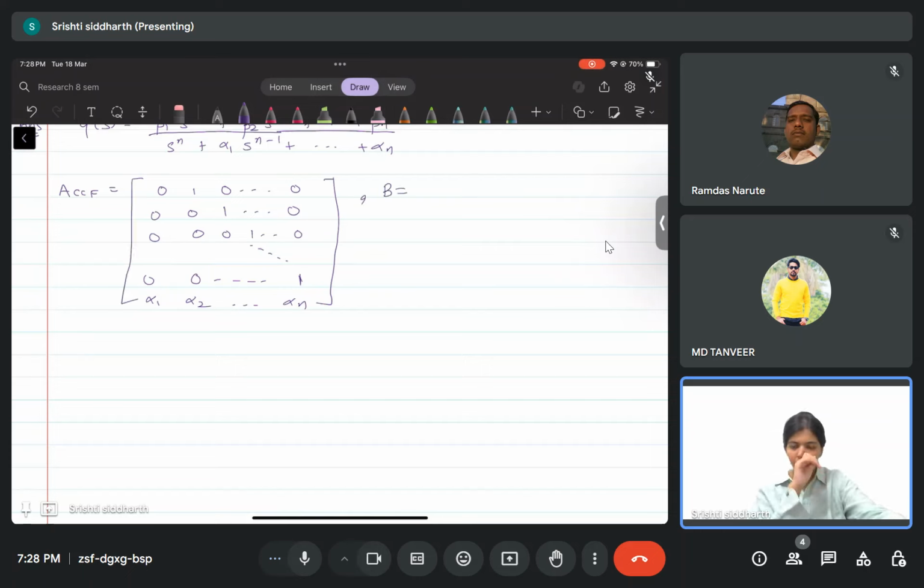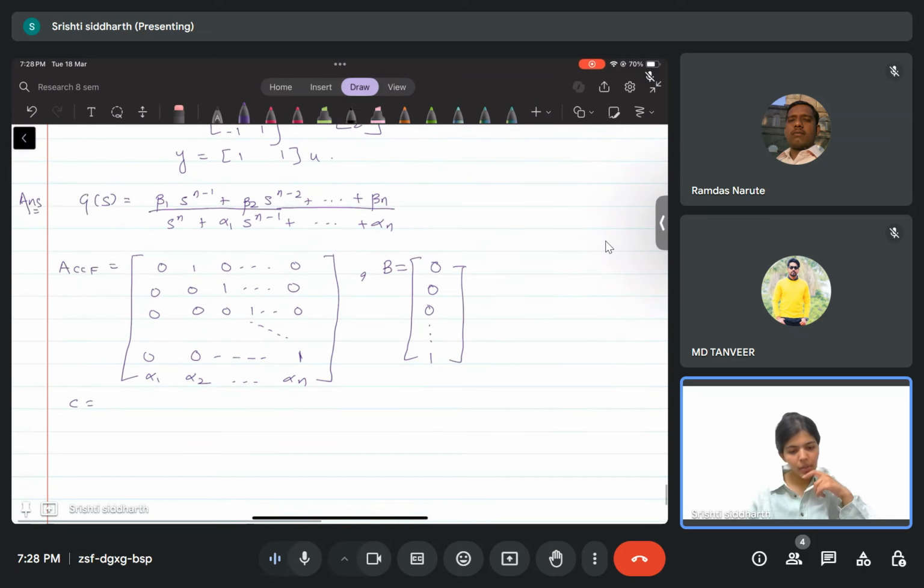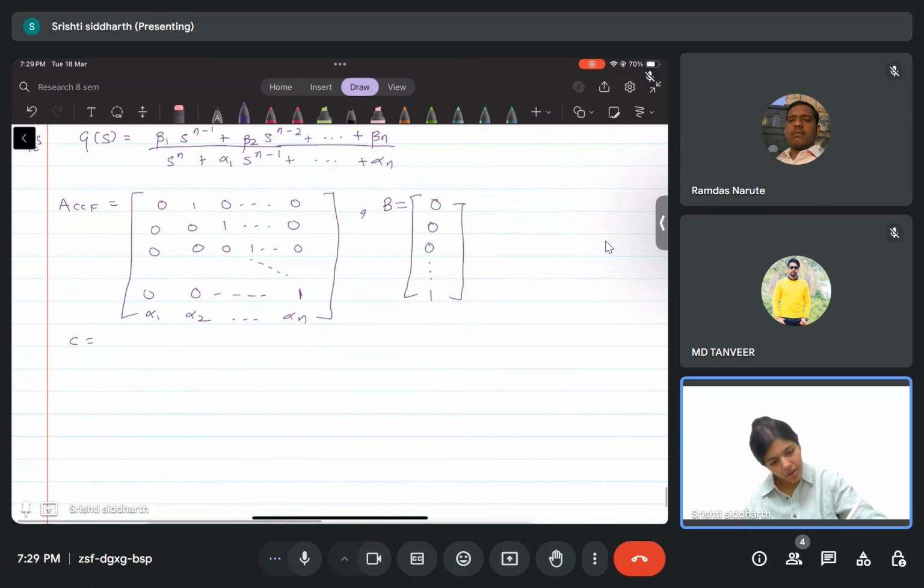For B, it's quite simple to remember. We just need the input to be in the last term, so zeros and 1. And C we can calculate from the numerator polynomial. This is simply beta 1, beta 2, till beta n.